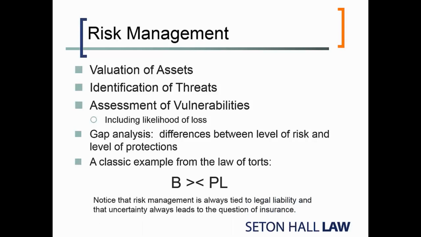Now, another thing that you ought to remember from torts and from looking at the Hand balancing test is that risk management is always tied to the question of legal liability, because if you're not taking adequate precautions, then you may well be liable, for example, in negligence, and that the uncertainty always leads to the question of insurance.